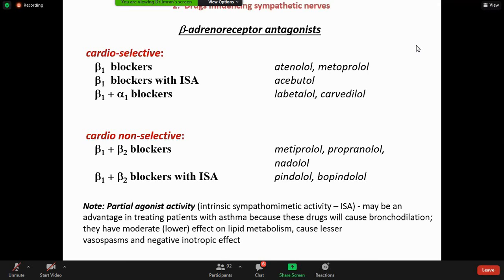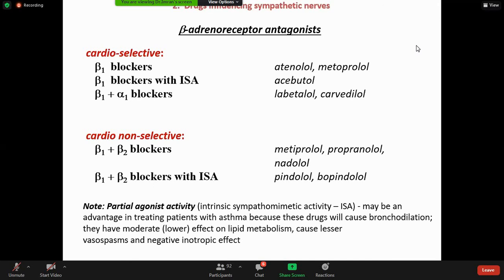Key drugs commonly used in our clinical setup are atenolol and metoprolol. Then there are beta 1 blockers with intrinsic sympathomimetic activity. What does it mean? These drugs not only block the beta receptor but also cause some stimulation, so partial agonist activity. An example is acebutolol.